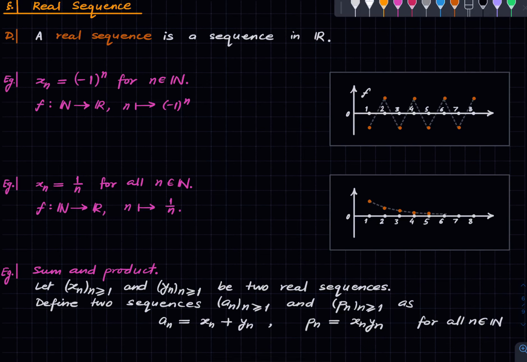Right? So this is called the sum of these two sequences, and this is called the product of the two sequences. In the formal picture, if we call this f, and similarly the other one is g, then what is this?